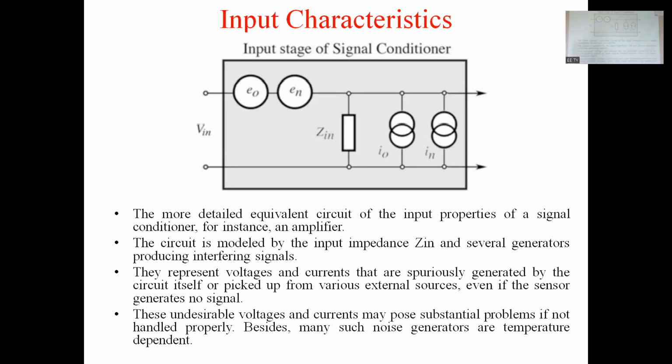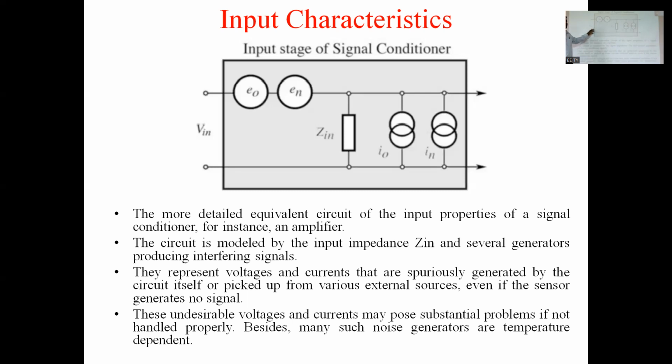They represent the voltage and current that are spuriously generated by the circuit itself or picked up from the various external sources, even if the sensor generates no signal. Okay, जे काय व्होल्टेज सोर्स आणि करंट सोर्स आपण काय केले अटॅच केले कंपन्सेट केले.